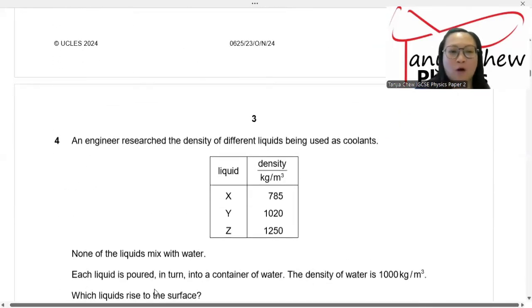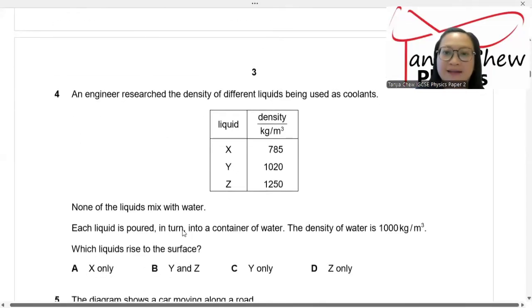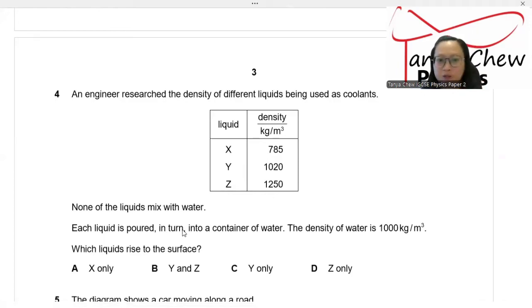Now, question number 4. An engineer researched the density of different liquids being used as coolants. None of the liquids mix with water. Each liquid is poured in turn into a container of water. The density of the water is 1000 kilograms per meter cubed. Which liquids rise to the surface? That means which liquid is less dense as compared to the water.